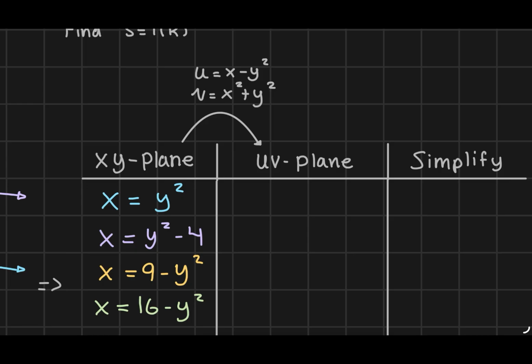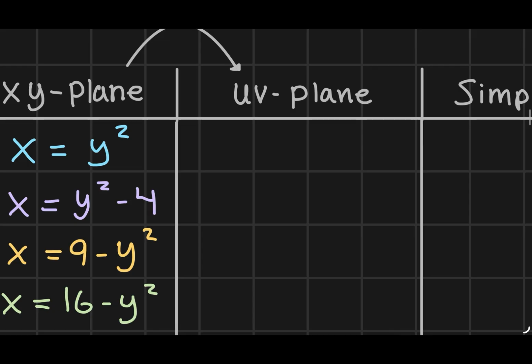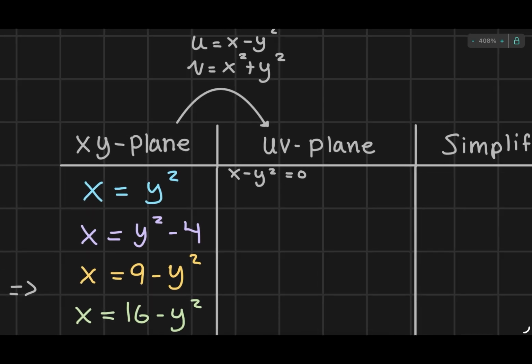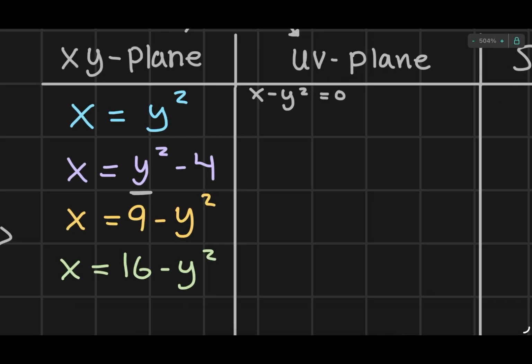Why don't we just subtract that y squared out, and we're given x minus y squared is equal to 0. We can really just do that all around. If we subtract that y squared out here, it's the exact same thing, but it's going to be equal to something this time. We're going to have x minus y squared is equal to negative 4.